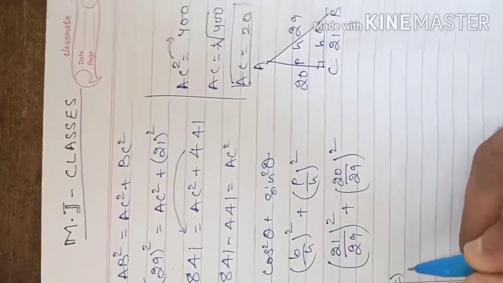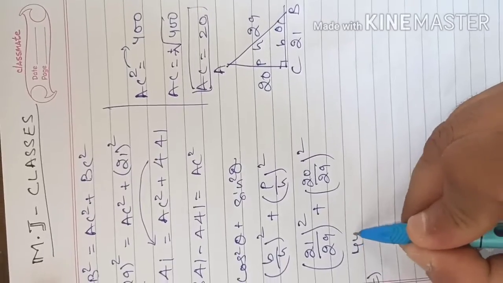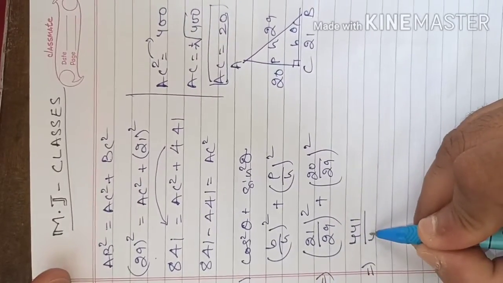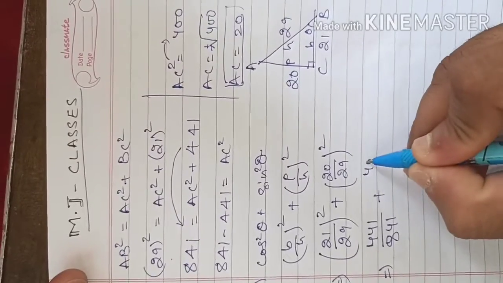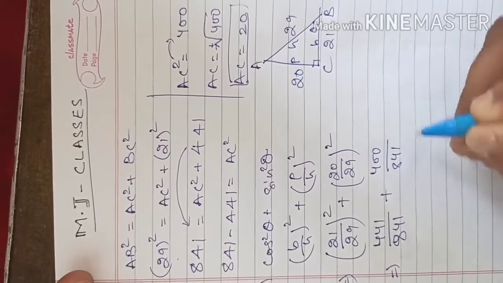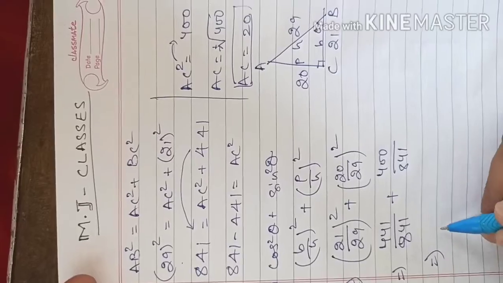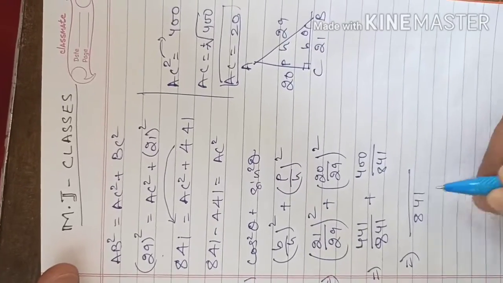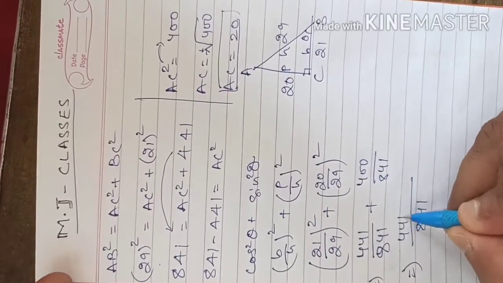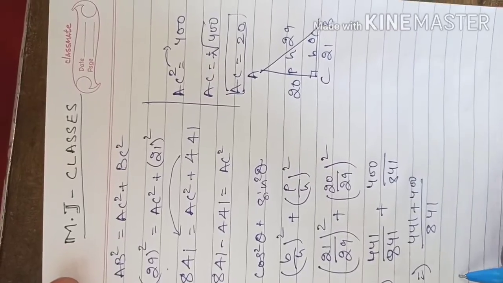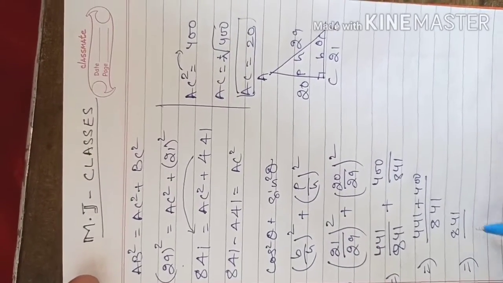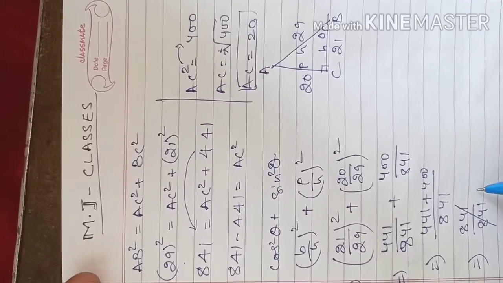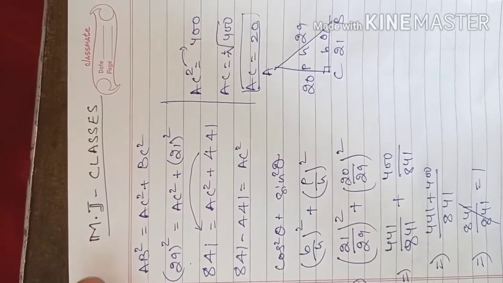So 21 square is 441 divided by 841, plus 400 divided by 841. The denominators are the same, so add these two. 441 plus 400 is 841 divided by 841. The answer is 1.